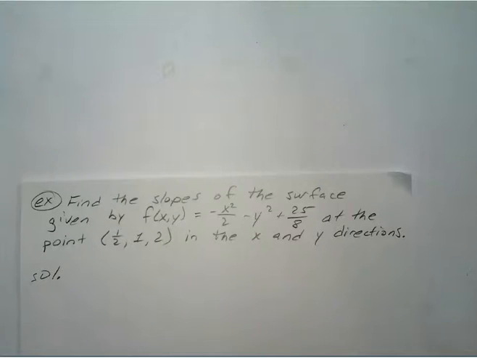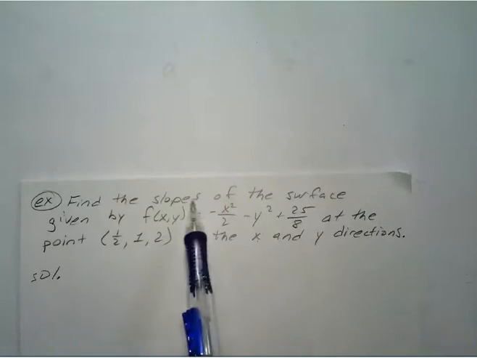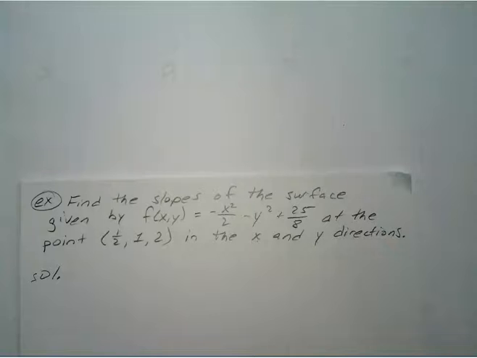Okay, so really that's just a fancy way of saying the partial derivative of x and the partial derivative of y. The slope in the x direction and the slope in the y direction.